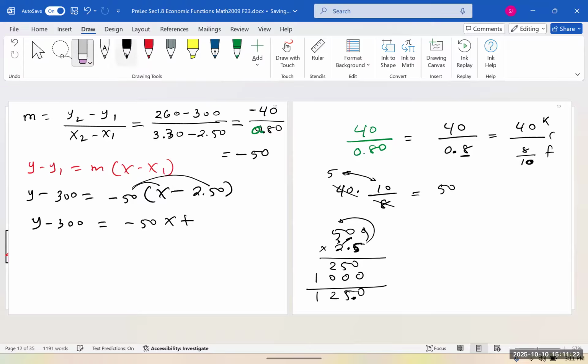So this thing is 125. And then you add the 300. So y equals negative 50x plus 425.